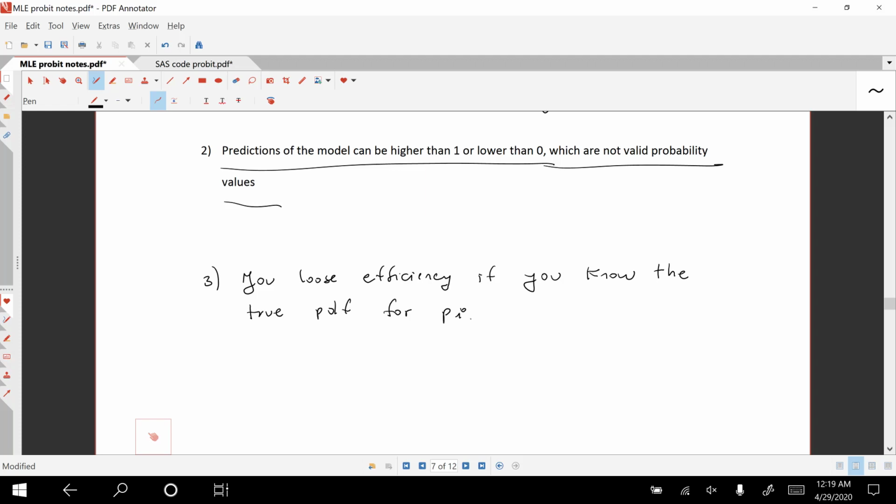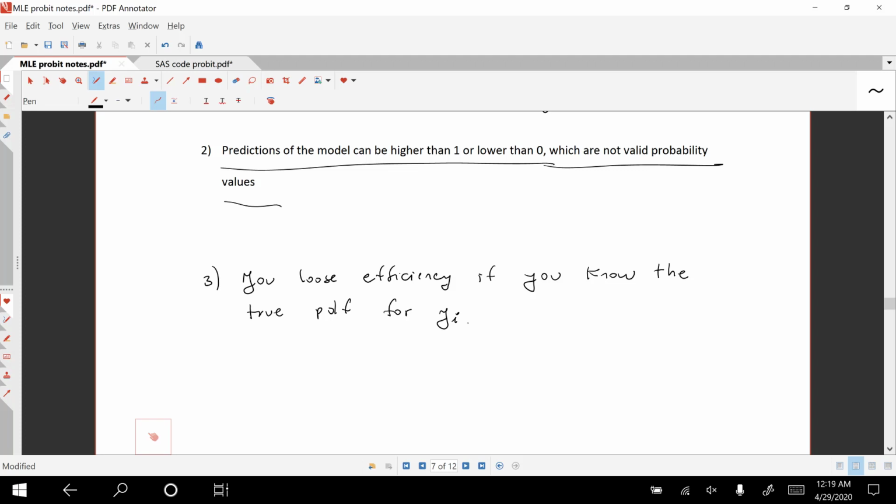So if you use this additional information about the specific probability density function for yi, not for pi, potentially you can get some efficiency, if you add this additional information.